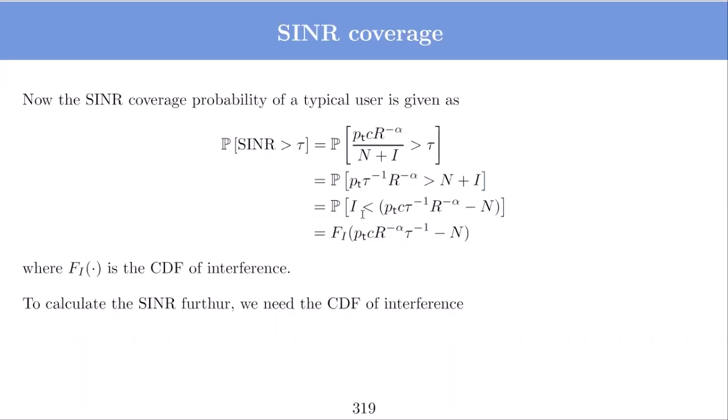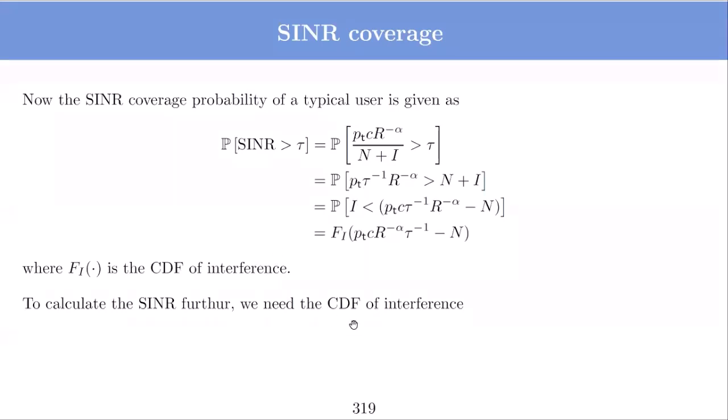Okay, so now if we know the CDF of I, this is nothing but the CDF of I calculated at this point. So this is the CDF of I calculated at P_T C R to the minus alpha tau to the minus 1 minus n, minus noise.